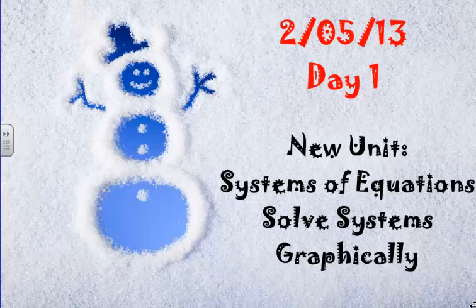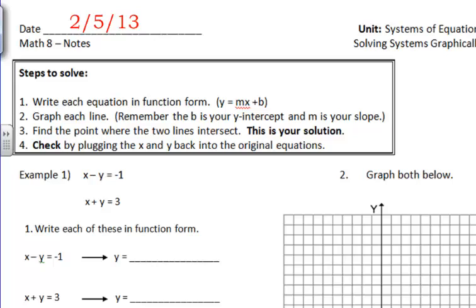So let's move on. Take out your notes and let's talk about the steps in solving our systems. We're going to write each equation in function form, y equals mx plus b.